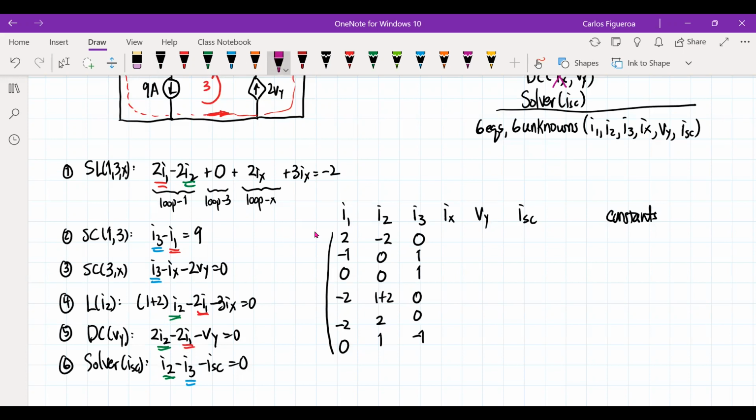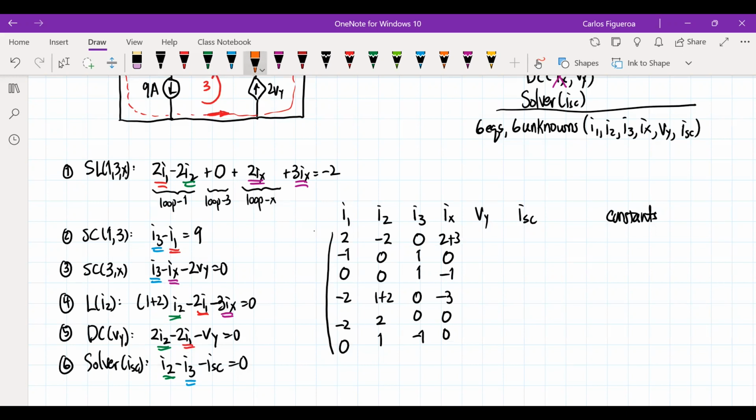Now let's go to IX. If I go to IX, note that I got IX here, here, there, and that's it. So if I write this out, this is going to be 2 plus 3, 0, minus 1, minus 3, 0, 0. Then I have Vy.